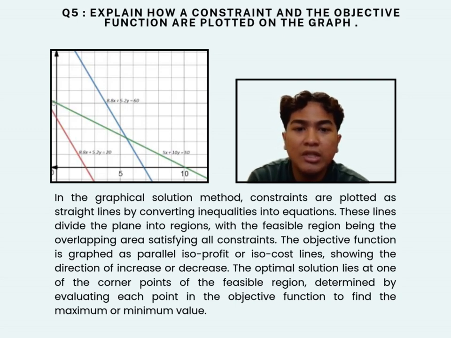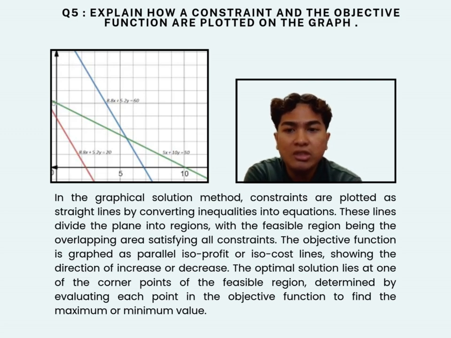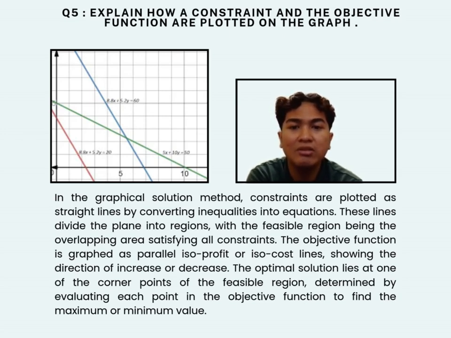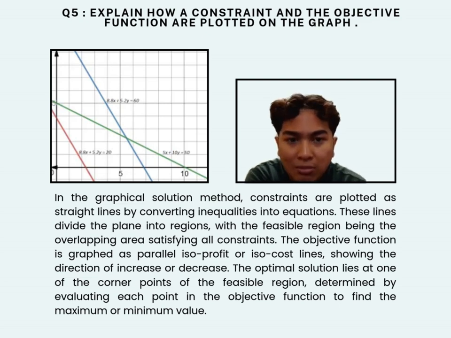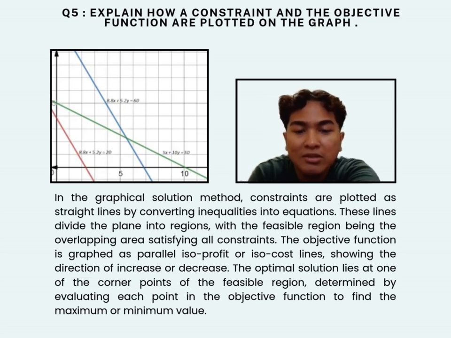The aim is to identify the highest or lowest point of the objective function's line that falls within the feasible region. The optimal solution can therefore be identified by checking each corner point in the objective function and then picking the one which either maximizes or minimizes the objective, as may be appropriate in the specific problem. That's all for my answer to question 5.